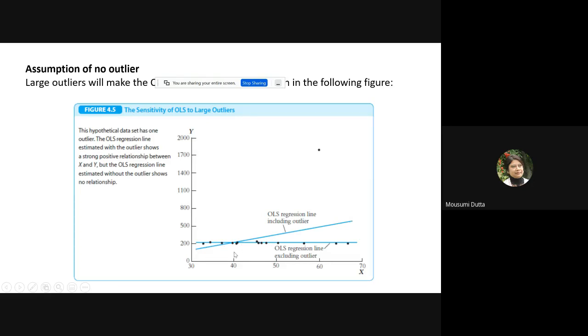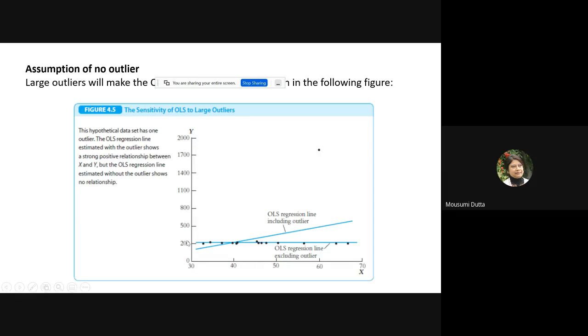Now, look at this structure. If you do not consider the outlier, it is a negatively sloped line. However, this value is too far from all these, and pulling the entire line. So if you include this observation, the line will be a positively sloped line.